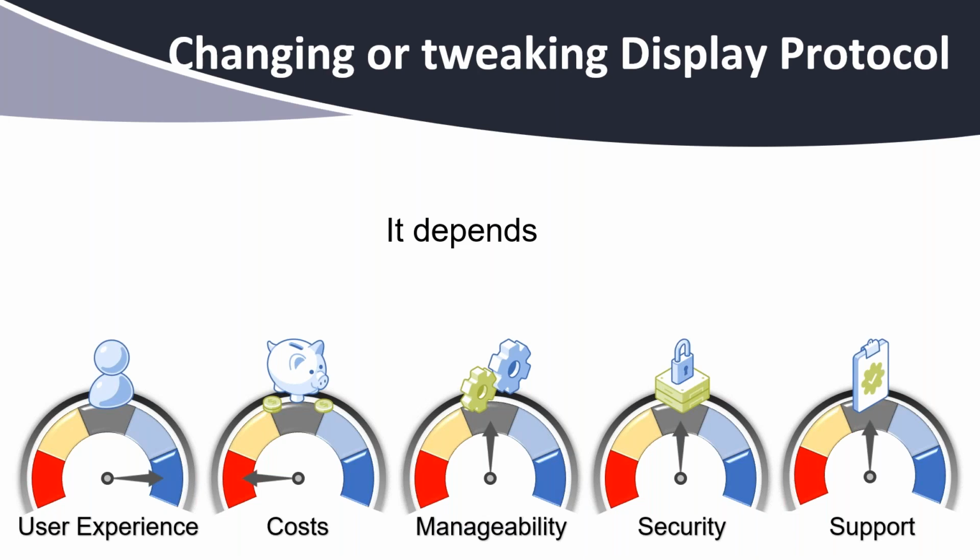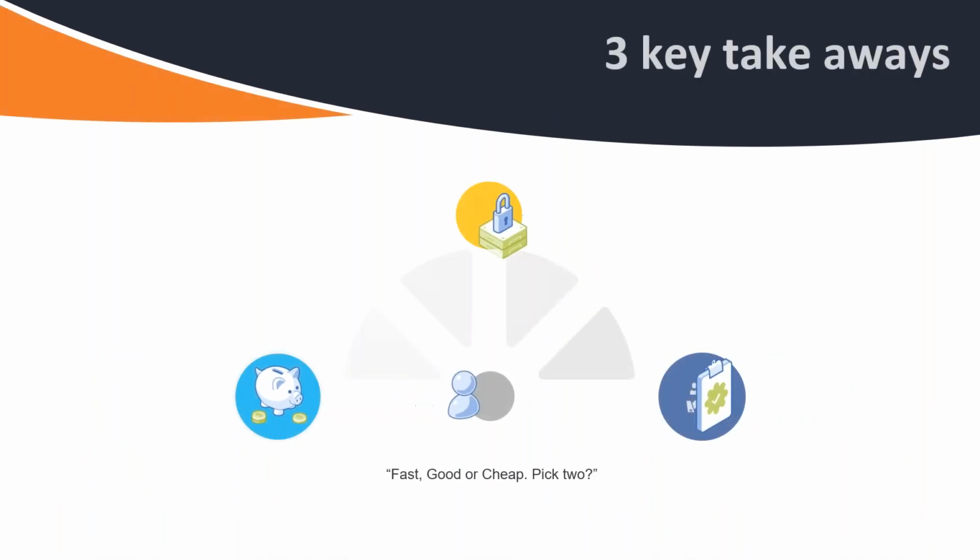But tweaking can change your cost, can change your user experience pretty heavily. So do it right, and ask if you don't know how to tweak it. So it can be either high user experience, high cost, or the other way around, or somewhere in the middle.